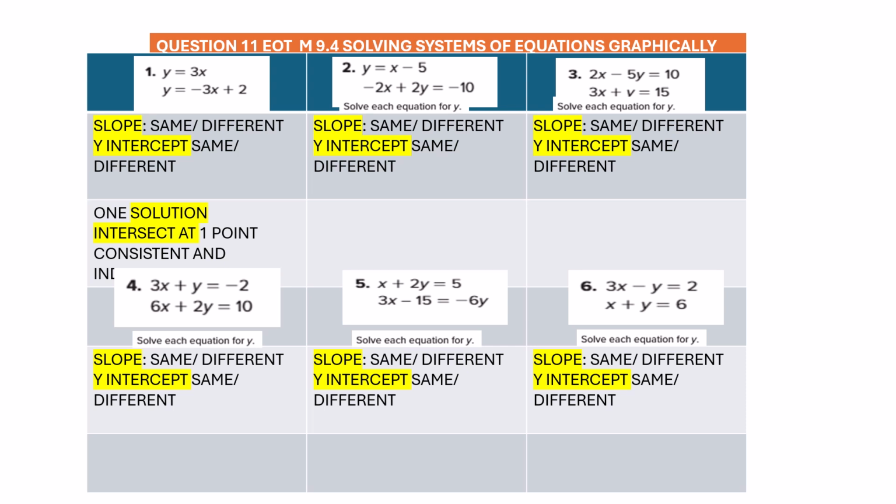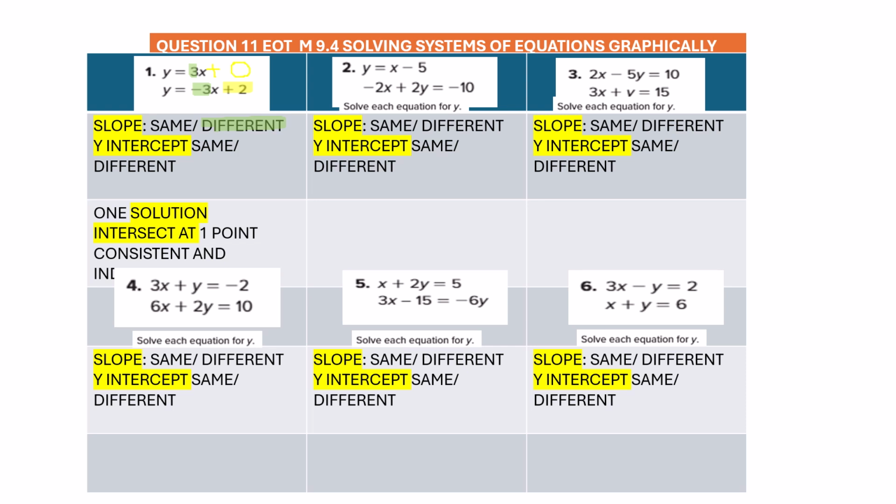If we look at the first one, we can see that you have positive 3 and negative 3. So that represents my slope. Are they the same or are they different? We can see that they are different. And then I go to my y-intercept. In this case, my y-intercept is plus 2. And in the first equation, it is going to be 0. So you can quickly add a 0 here.